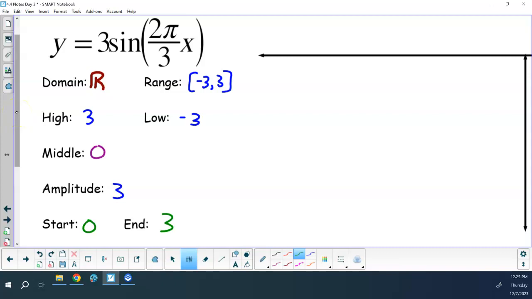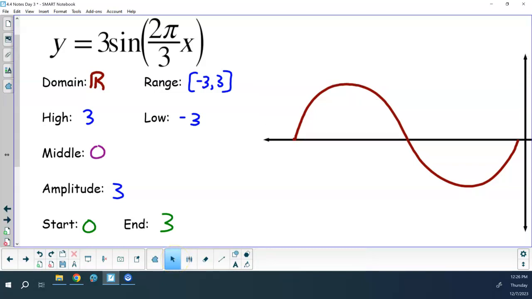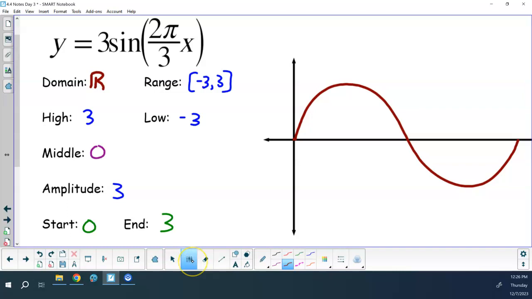Sine curve, regular type. And my middle at 0. Started at 0, went all the way up to positive 3, went all the way down to negative 3. Started at 0 horizontally, ended at 3 horizontally. So halfway would be 3 over 2.